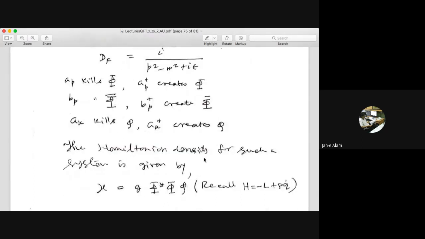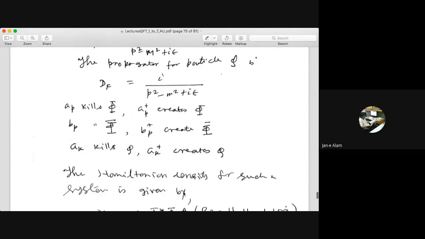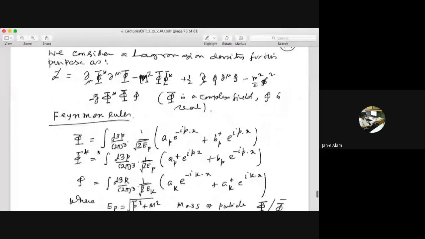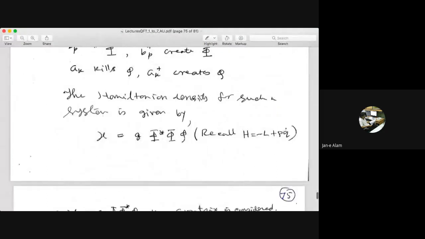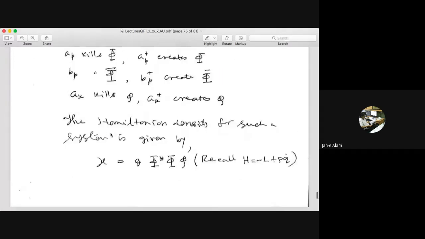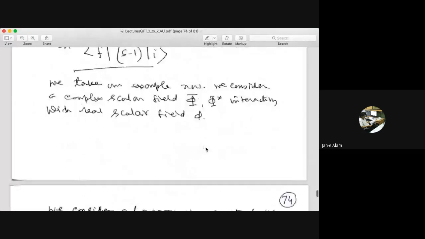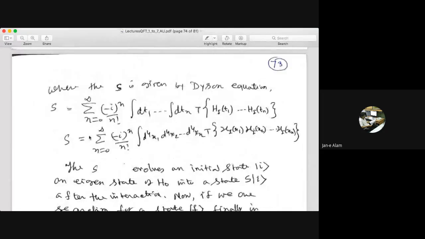Now the interaction Hamiltonian you have got is this, G phi star phi small phi, because the Lagrangian comes with a negative sign, so the Hamiltonian will come with a positive sign because of this relation. You got this Hamiltonian. Let us put it in the scattering matrix, because I want to study the scattering because of that interaction.